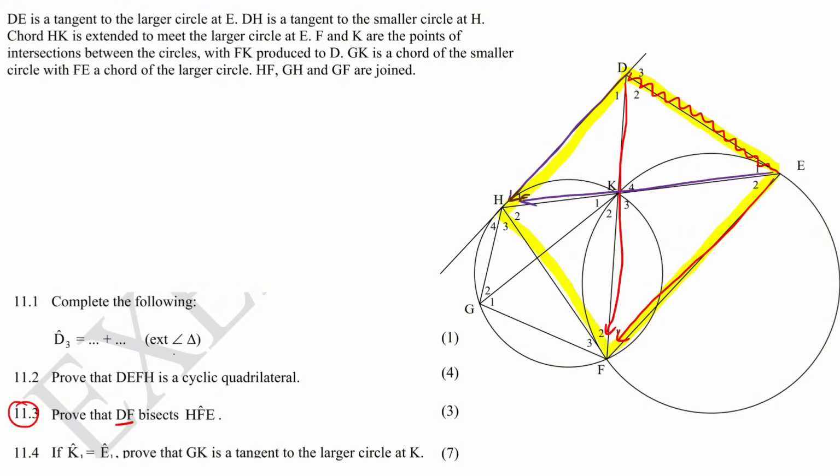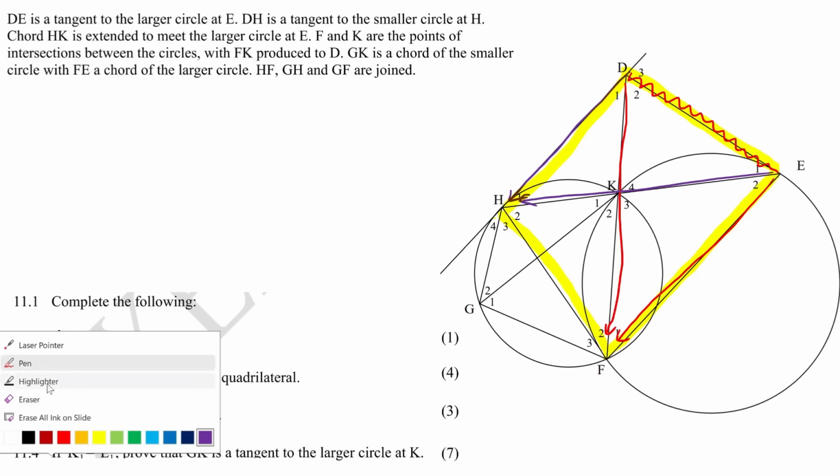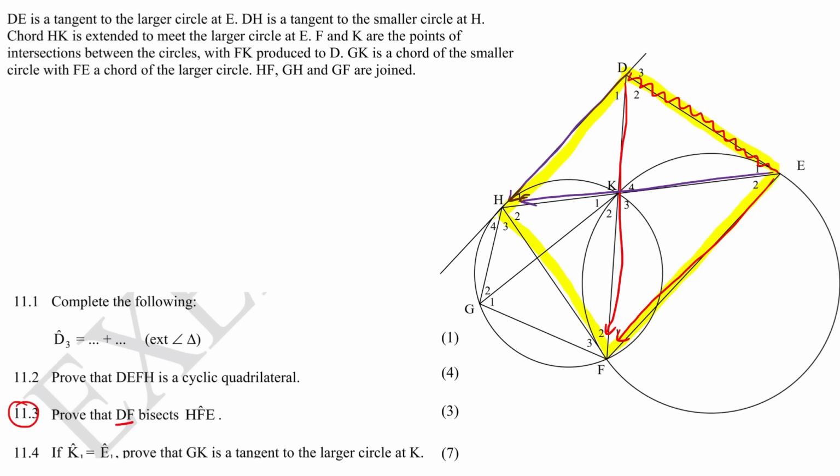You see? So we're going to start there by saying that H1 is going to be the same as F1 because they are the angles in the same segment. Even though it's not a circle, as long as it's a cyclic quad, you can use this.